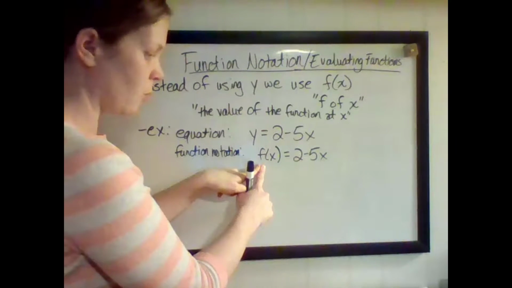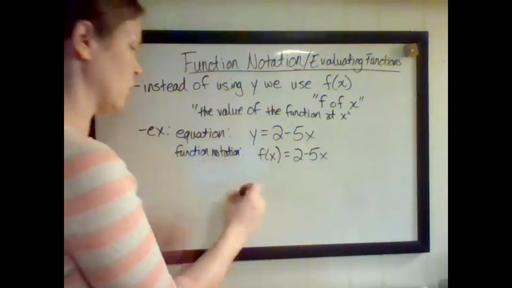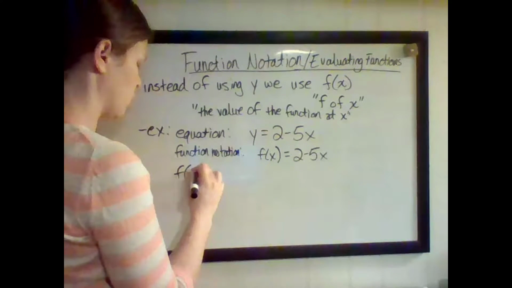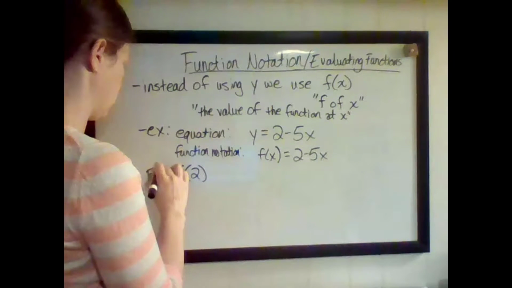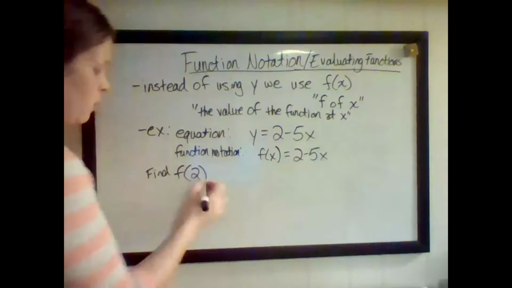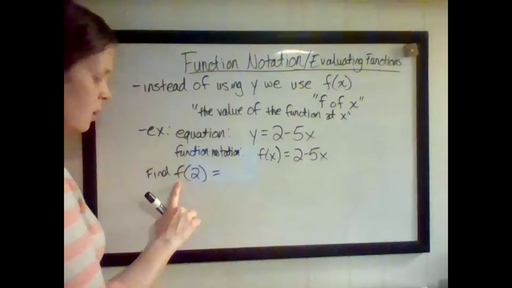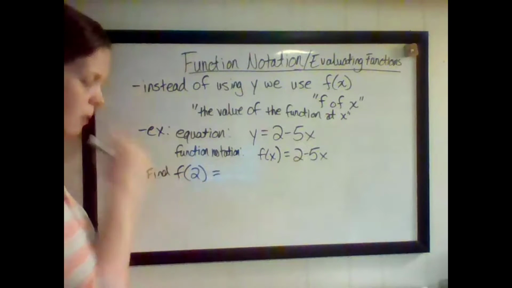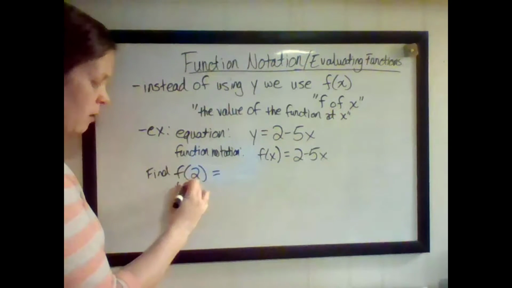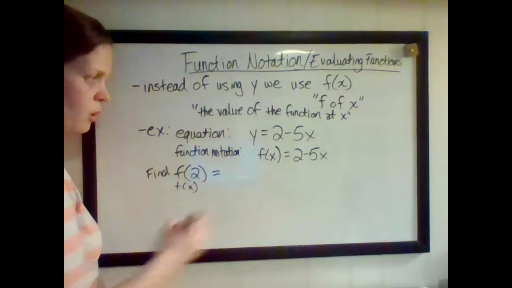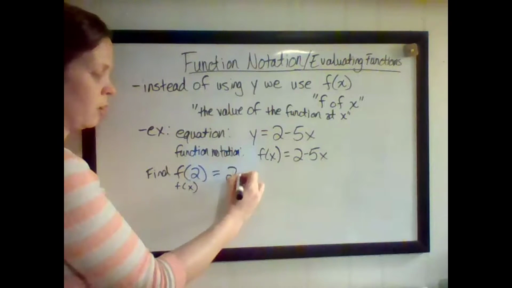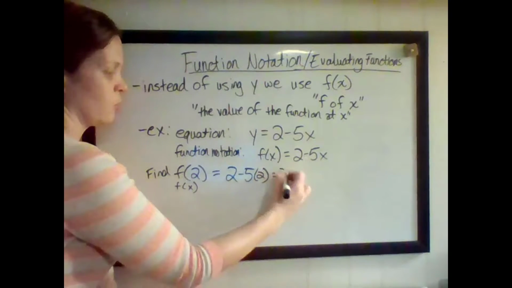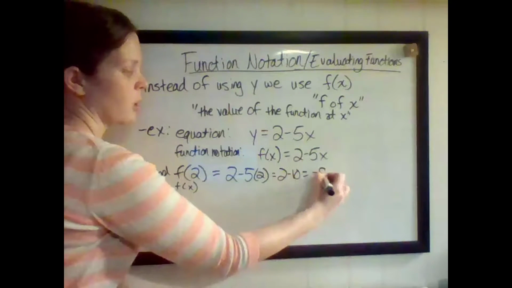So let's start off with an example. Let's say I'm asked to find f of 2. We're still in the same example. This is saying find the value of the function when x is 2. Even though we don't see the x now, we know that x is 2, so every time we see x, we plug in 2. 2 minus 5 times 2, or 2 minus 10, which is negative 8.